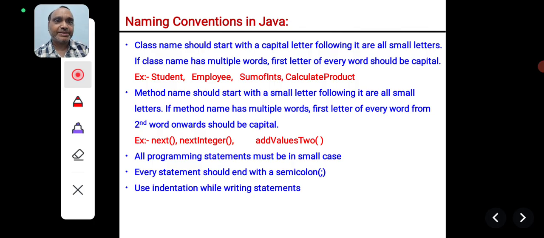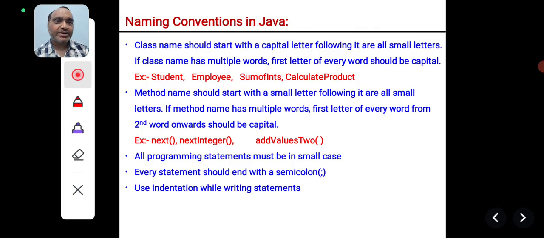Employee is representing the name of the class. Suppose you are selecting a name for a class that contains multiple words. Here I have given one example, SumOfInts. In SumOfInts, three words are there. Sum is one word, Of is one word, and Ints is another word. So the first letter in every word must be written in capital letters.